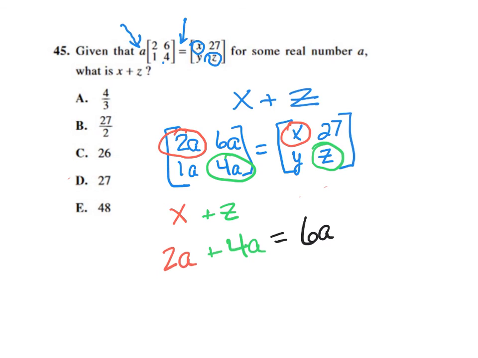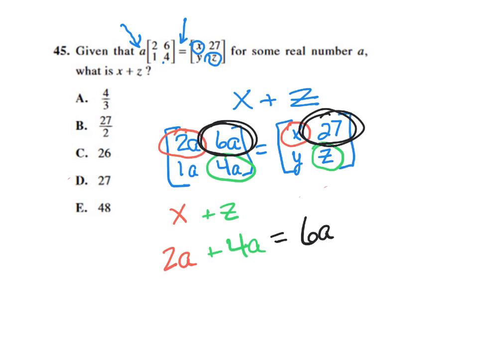Well, if I look at my matrices again, I see that I have 6A here equals 27. So I could figure out what A equals by setting those two equal to each other, the corresponding elements in the matrices.